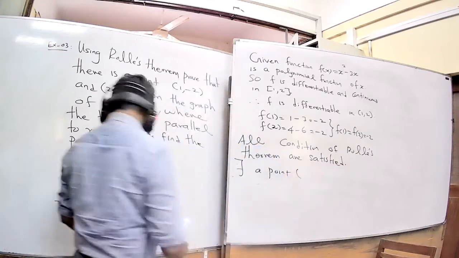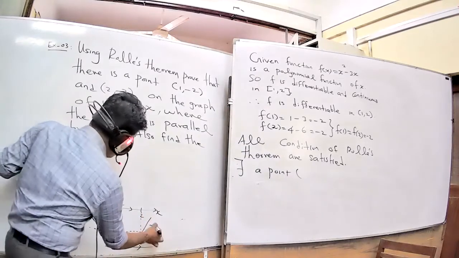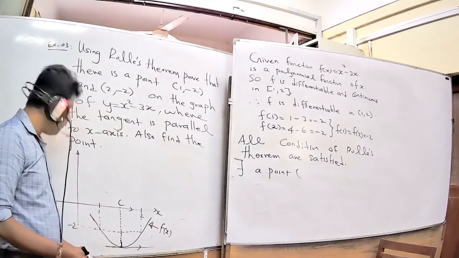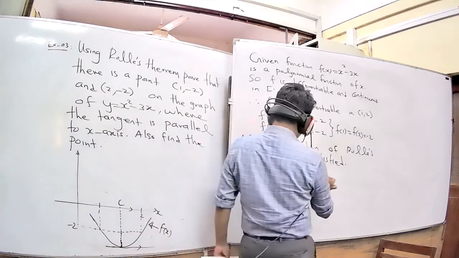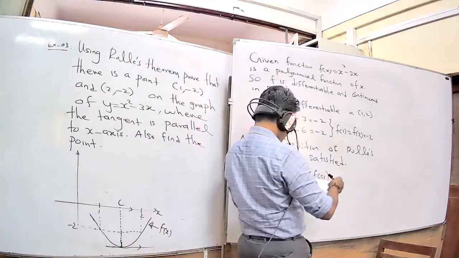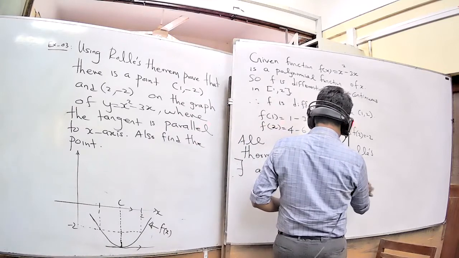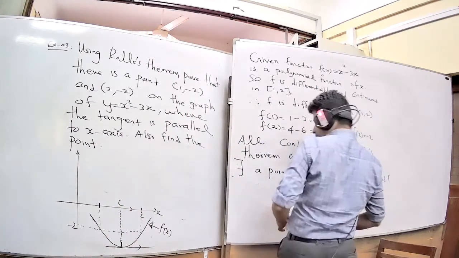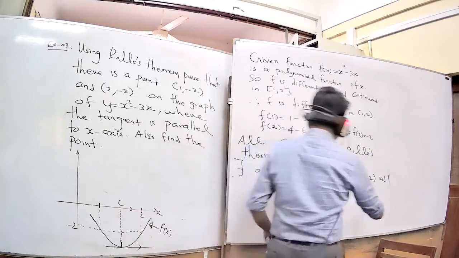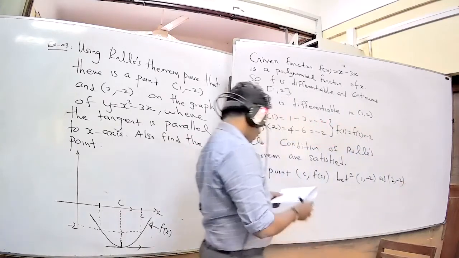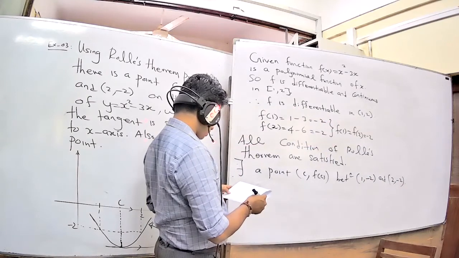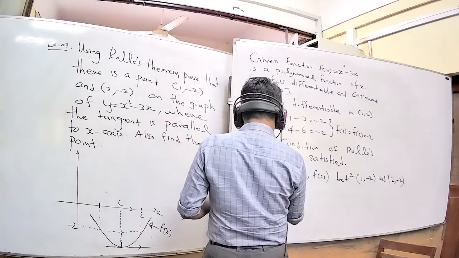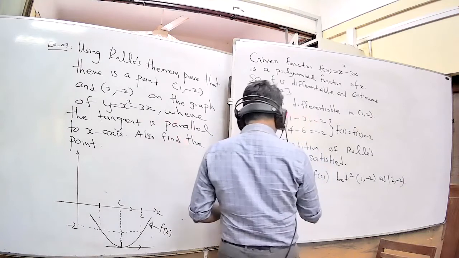Suppose you put this point as c, then this point on the function f of x has the value f(c), that is (c, f(c)), between the points (1, minus 2) and (2, minus 2), at which the tangent is parallel to the x-axis.